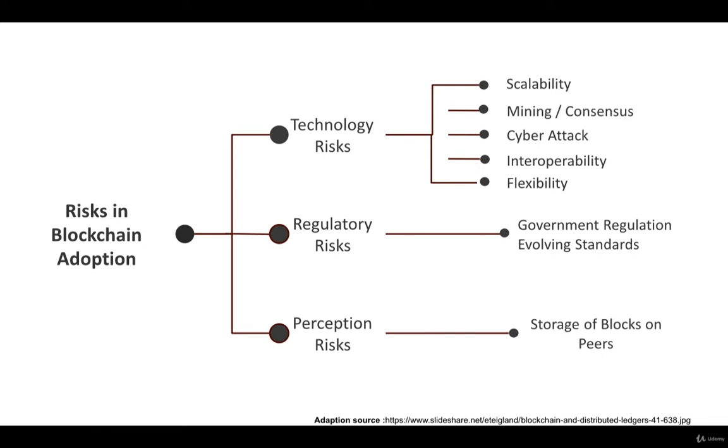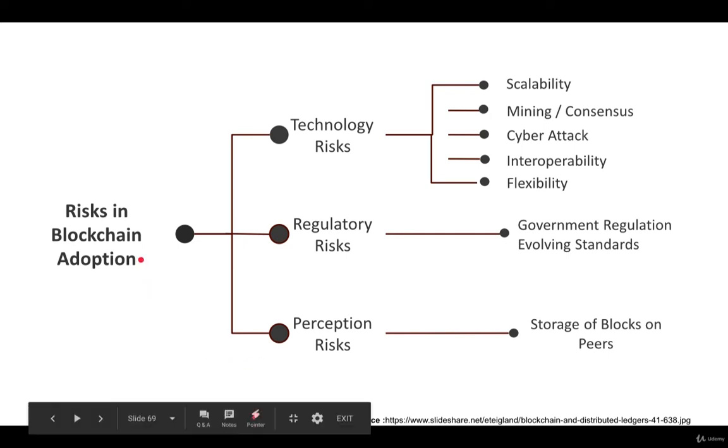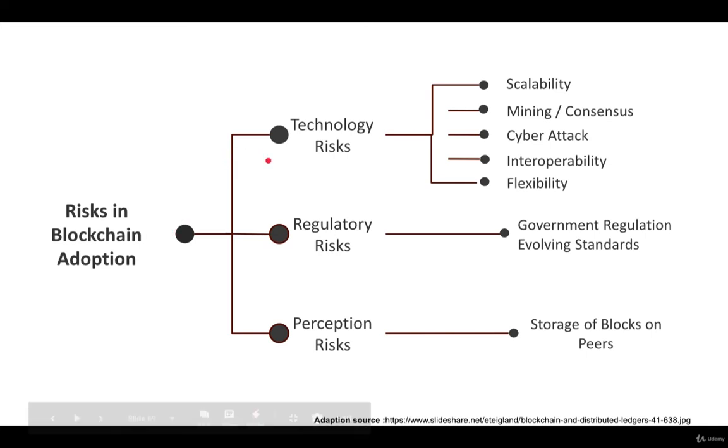So the organization will set up its own internal team to study all the types of risks which are associated with the adoption. Now, the risks which can be looked at for a blockchain adoption could be divided into something like technology risks, regulatory risks, and the perception risks.